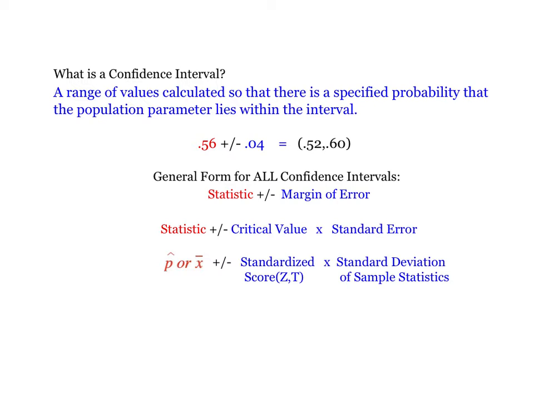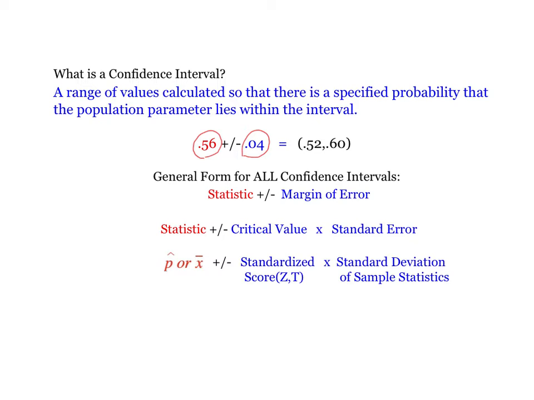Well, a confidence interval is a range of values calculated so that there's a specified probability that the population parameter lies within the interval. We introduced this in a previous video, but the idea is that we will take a sample, which would be maybe 56%, and then we will add or subtract a value so that we get a range of values.